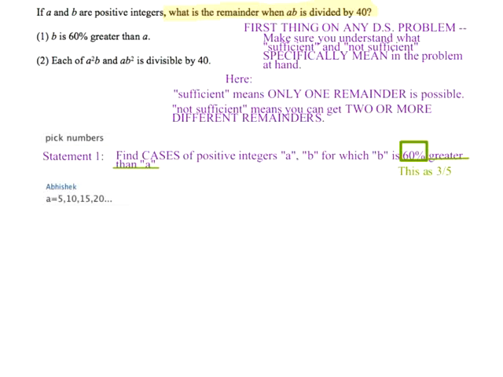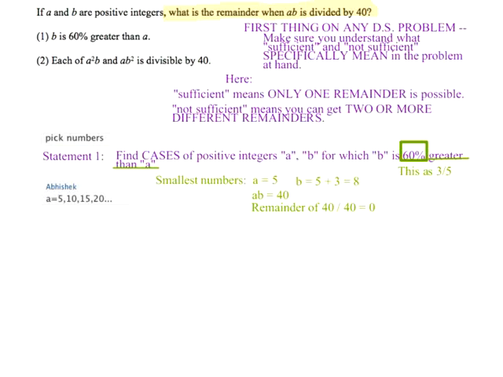So, in other words, the smallest possible number you can do this with would be if A is 5. Then B would be 60% more than 5, which is 60% of 5 is 3, so that's 8. And then AB is 40. So the remainder when you divide 40 by 40 is 0.